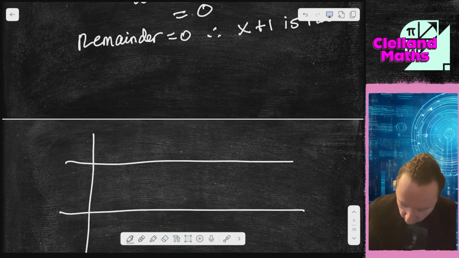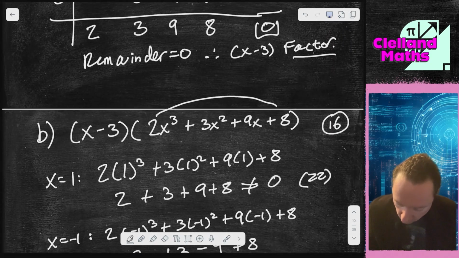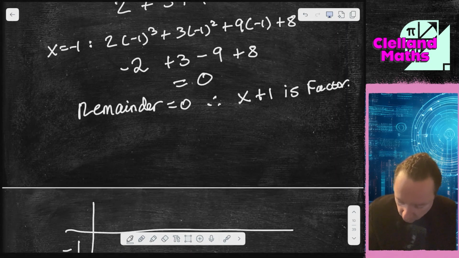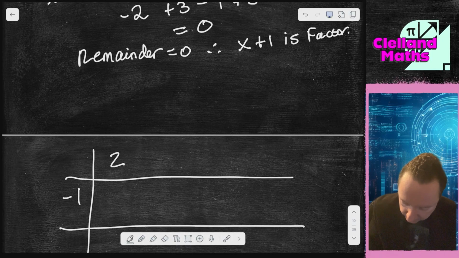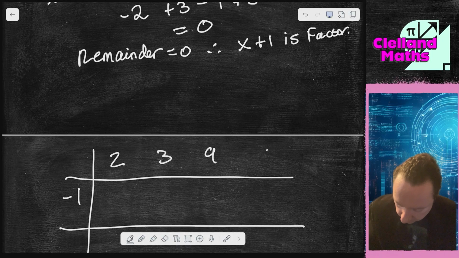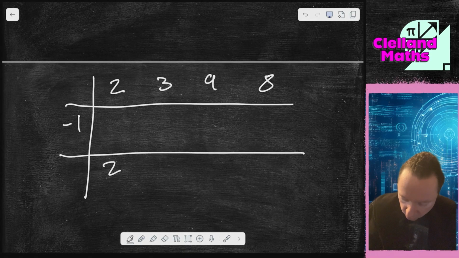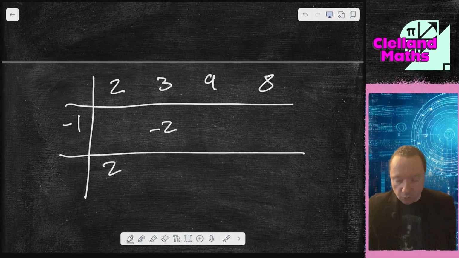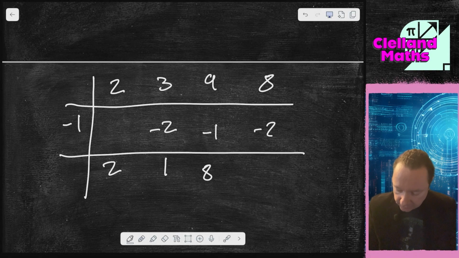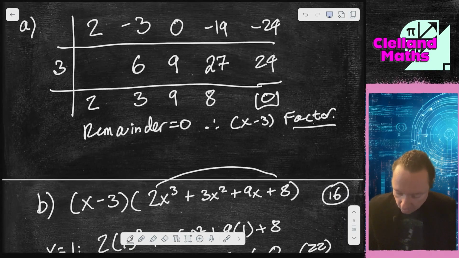We're subbing in minus 1 and we started off with 2x cubed, 3x squared, 9x and 8. So that's 2, minus 2, 3 minus 2 is 1, minus 1, 9 minus 1 is 8, minus 8 and 0. So now we can keep going.